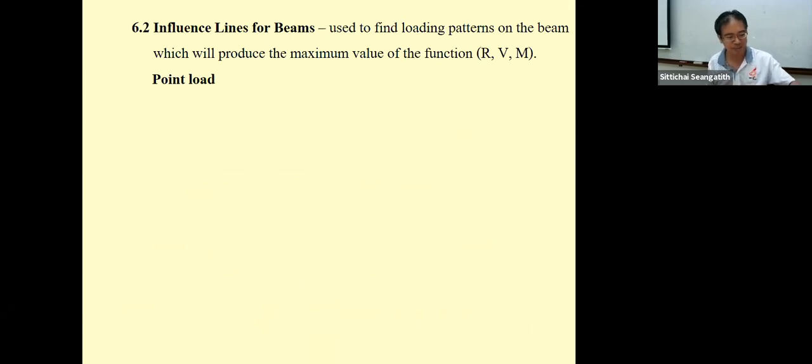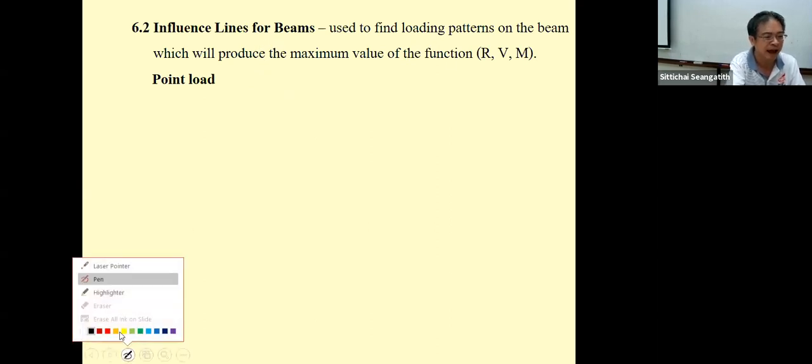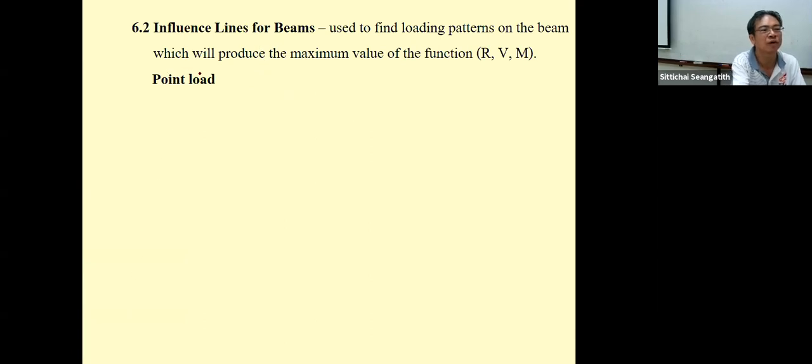And let me come back to review again about the loading pattern. The influence line diagram, the good thing is we can use it to determine the loading pattern.